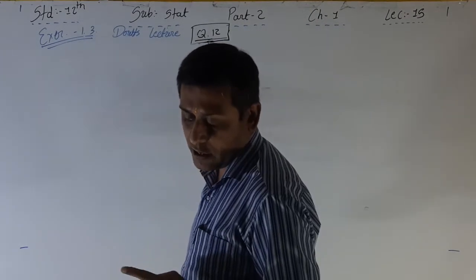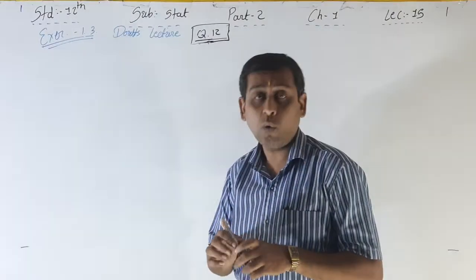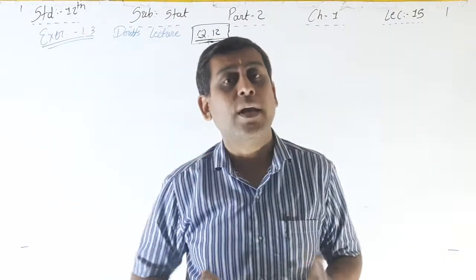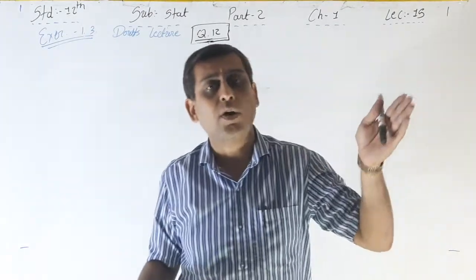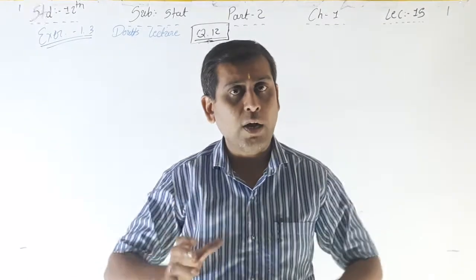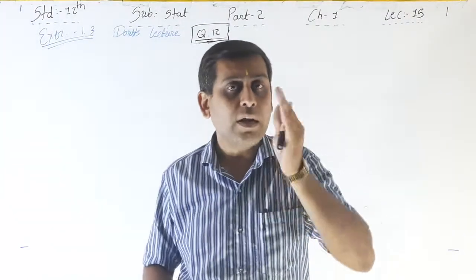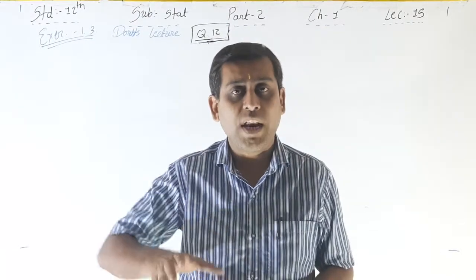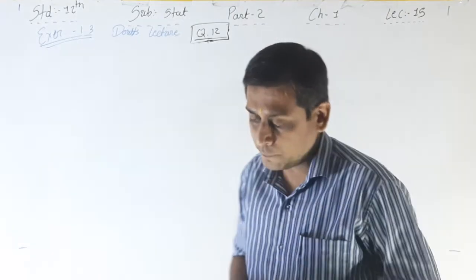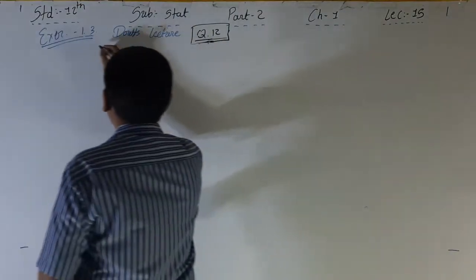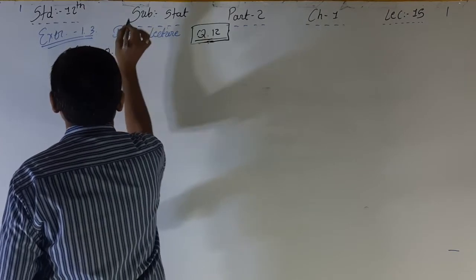Three events A, B, C are mutually exclusive and exhaustive events. I am not writing out the conditions now, we already did that in illustration number 26. Whenever exclusive, intersection is equal to 0; whenever exhaustive, union is equal to 1, nothing else. Now what information is given? P of C dash is equal to 0.8.